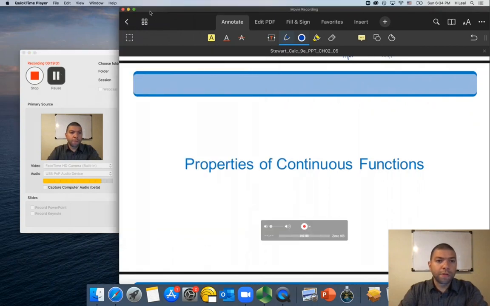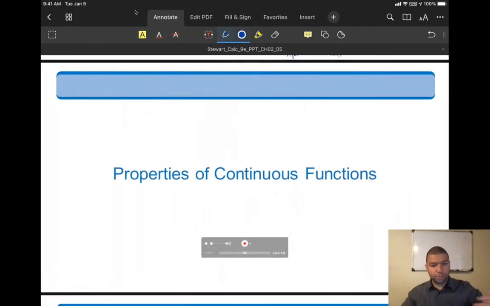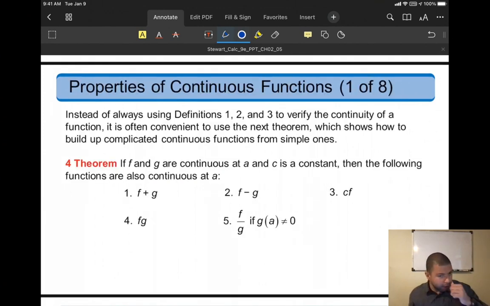Okay, so properties of continuous functions. The key property is the one we discussed first, that the limit of f of x as x approaches a equals f of a. But there are some properties that we can use. For example, the sum of continuous functions is continuous, the difference is continuous, the product is continuous, and if you multiply by a constant, you also get a continuous function.